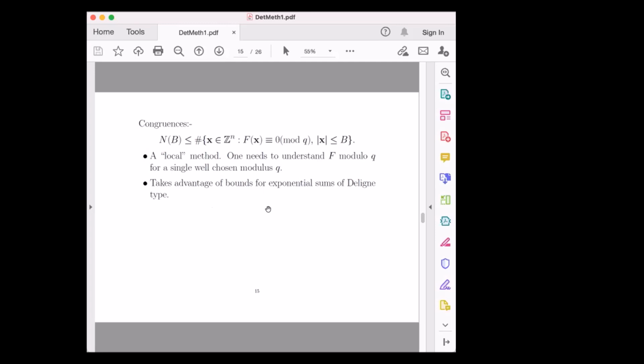And again, this takes advantage of bounds for exponential sums of Deligne type. It seems surprising that in some circumstances, just using a congruence like this will give us the best result currently available, but that is indeed the case.